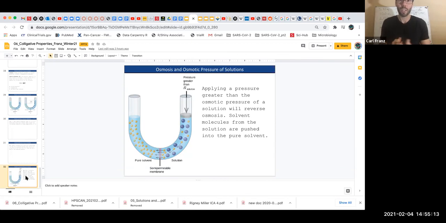And so reverse osmosis is a process to do that that's commonly used in labs. Not that you really need to know that for a test or anything, but just for your own information. If you end up joining a lab or go on and do research elsewhere in a four-year college or whatnot, and there's RO water, that's reverse osmosis water.